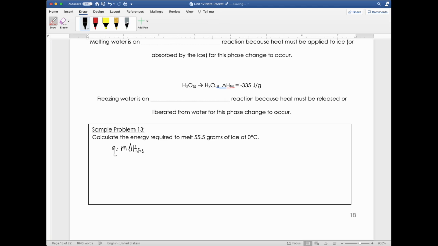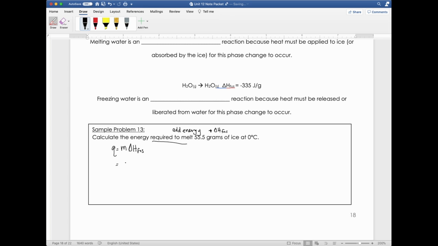And again, it's all about semantics when it comes down to this. We have to really get good at understanding whether or not these values are going to be positive or negative. In this case, we're going to use that positive value because we're melting this. We know we have to add energy to the system, so we're going to use that positive value of that enthalpy of fusion, and that positive value is positive 335.